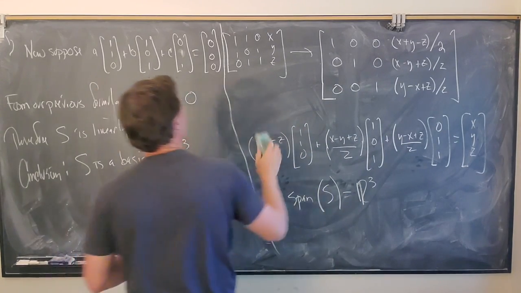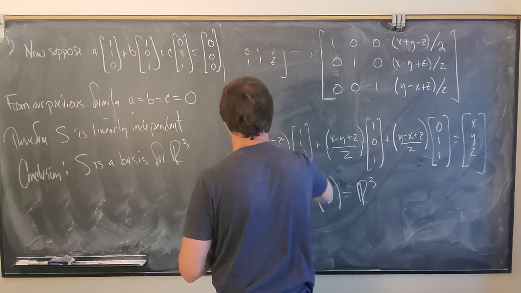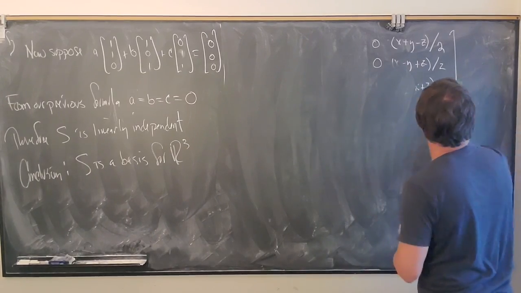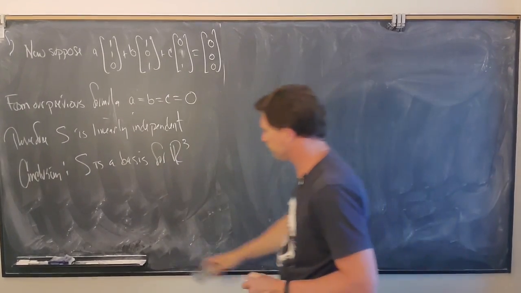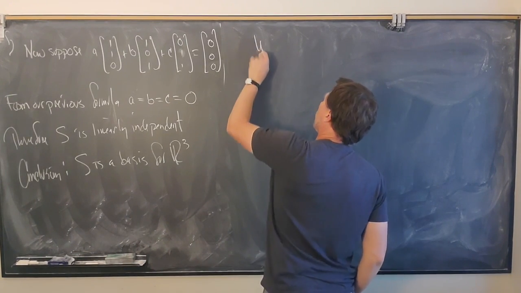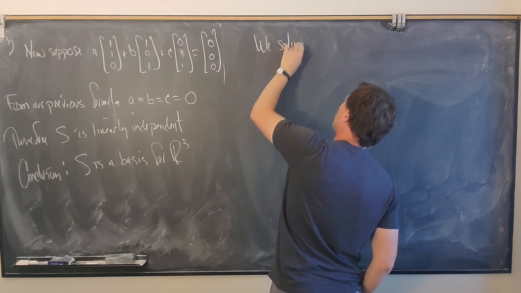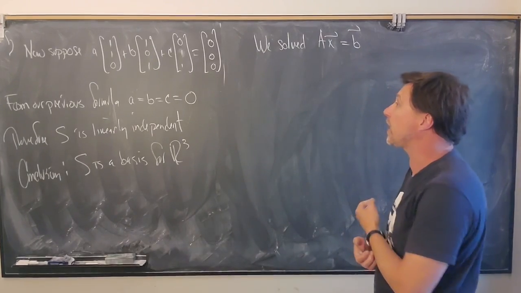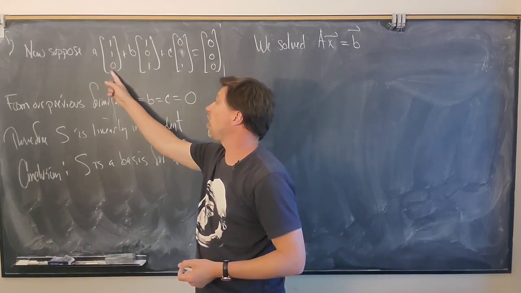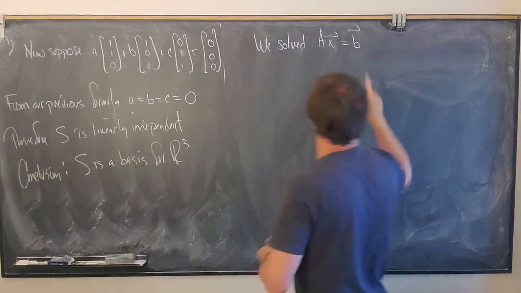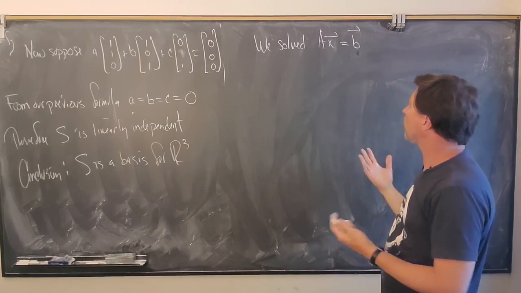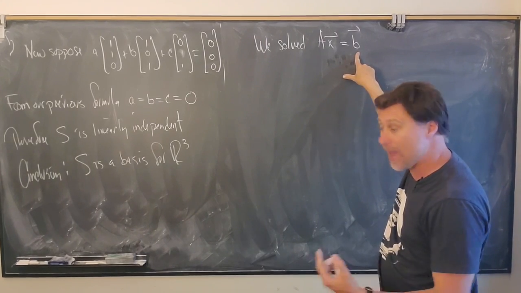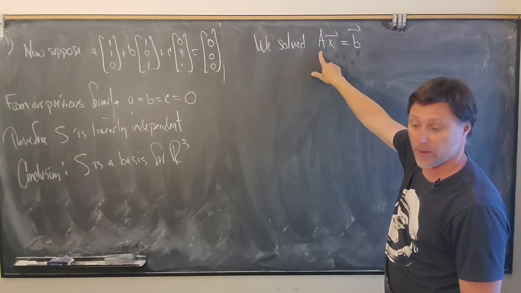What we did, and I want to write it in matrix form, we solved the equation AX equals B, where our coefficient matrix consisted of the columns right there, and B was my vector X, Y, Z. And we showed that this system had a unique solution for each choice of B. And also notice our coefficient matrix right here was a square matrix.